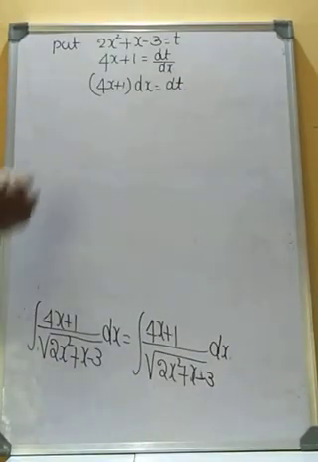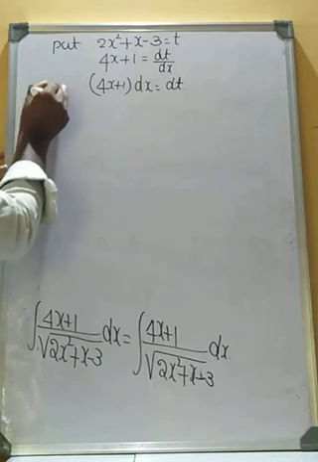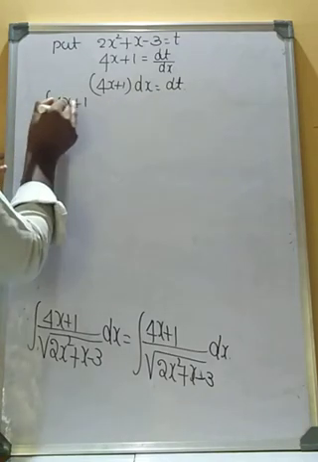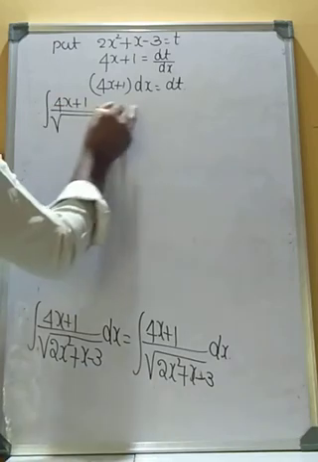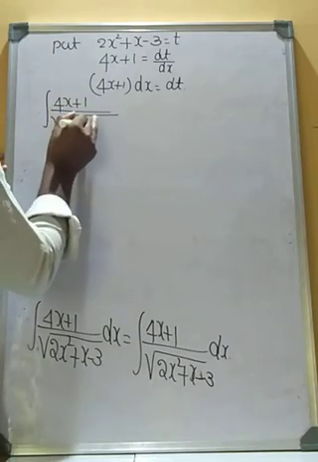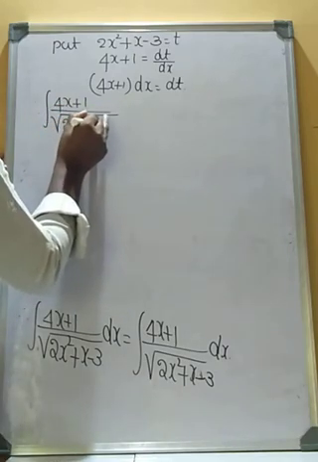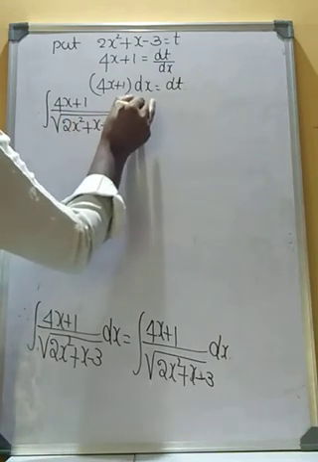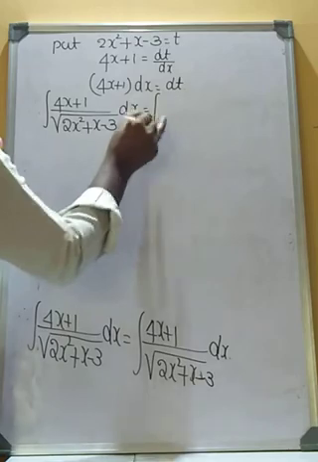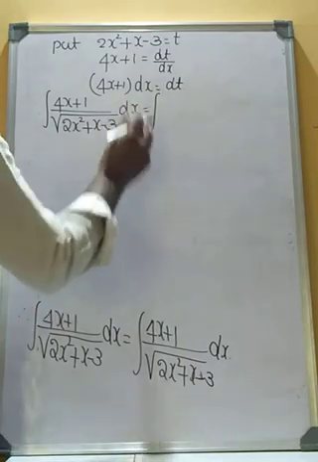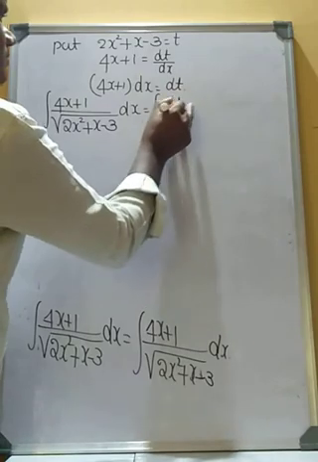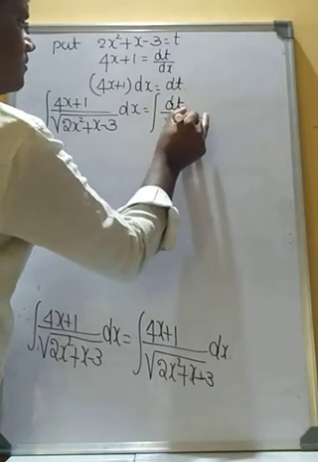Substitute in the given integral. Therefore integral of (4x plus 1) divided by root of 2x square plus x minus 3 into dx is equal to integral of (4x plus 1) into dx, which is dt, divided by root of t.